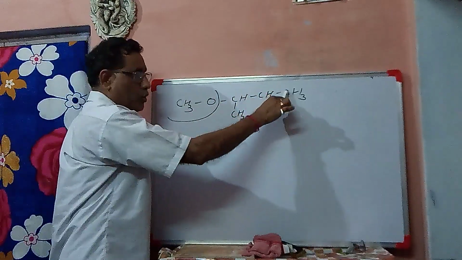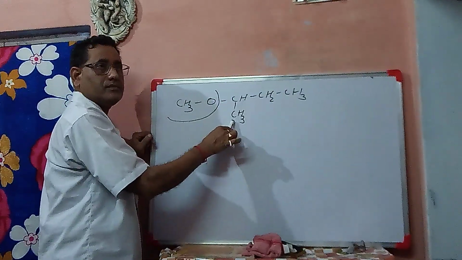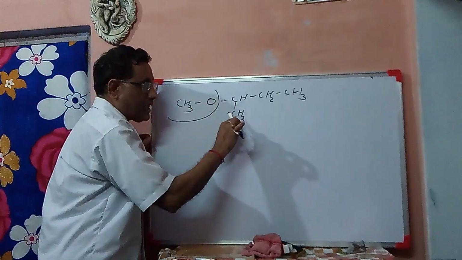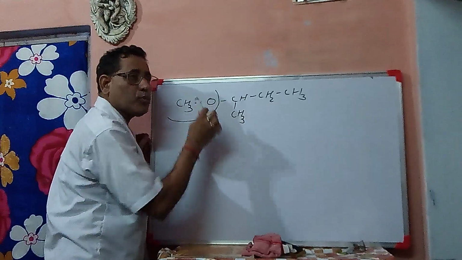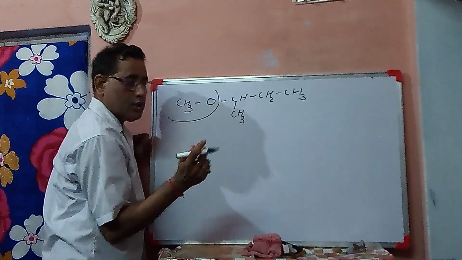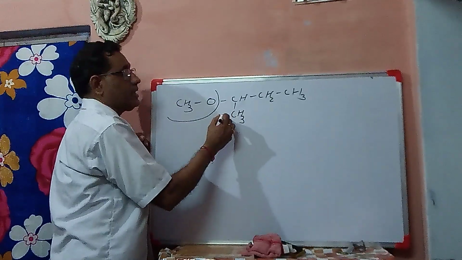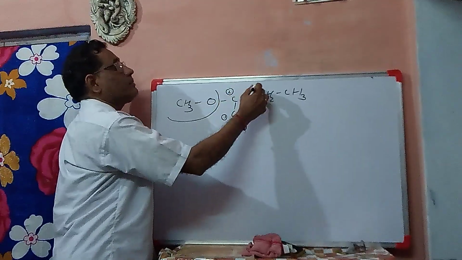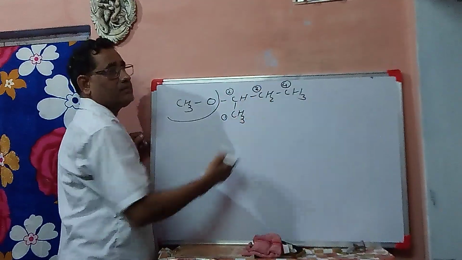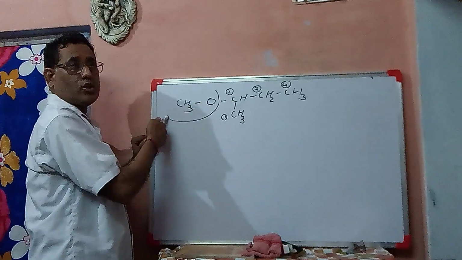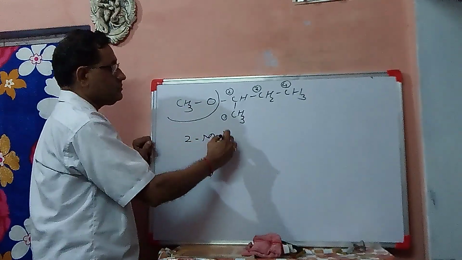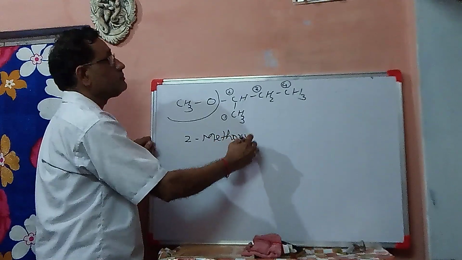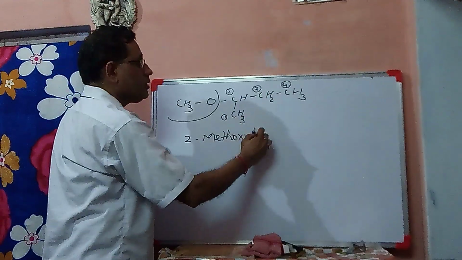In the long chain 4 carbon atoms are present. अब नंबरिंग कहाँ स्टार्ट करेंगे, नंबरिंग वहां से स्टार्ट करते हैं जहां फंक्शनल ग्रुप को लोवेस्ट नंबर अलाउड हो. So you start numbering from this end, this first carbon, second carbon, third carbon, fourth carbon. On the second carbon methoxy group is present, so you write 2-methoxy and the name will be butane.